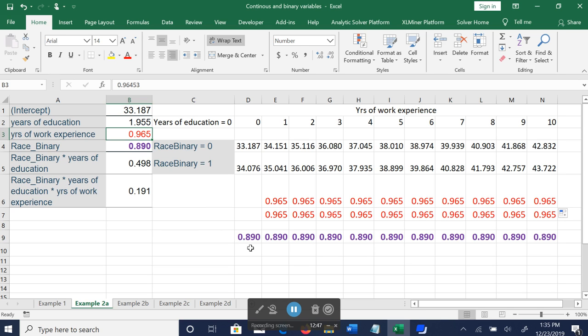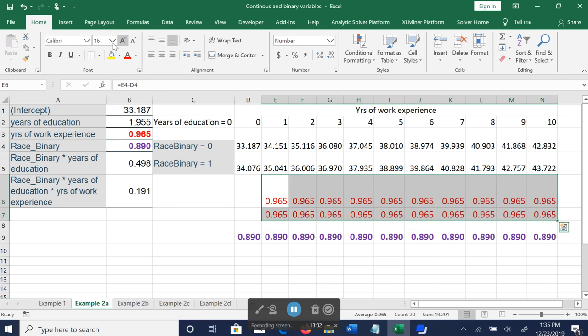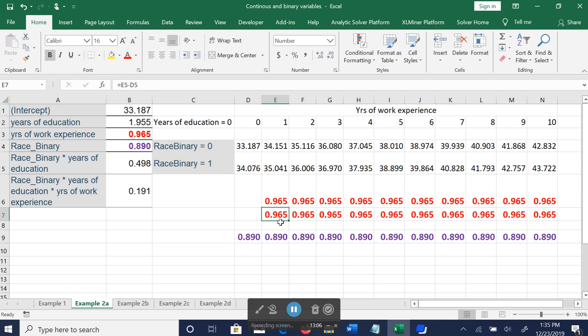As you can see, because of the involvement of interaction terms, this coefficient no longer refers to years of work experience. These coefficients now refer to how the income for a particular racial group with no education changes when they acquire additional years of work experience.